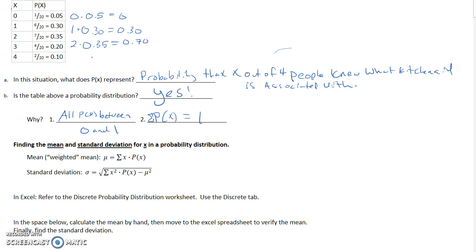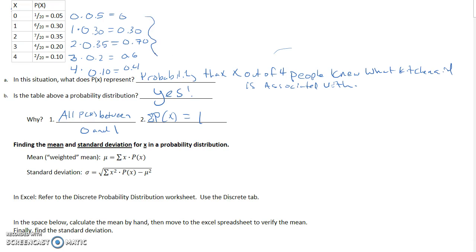You might need your calculator for this, but I think I can handle these in my head. Again, verify with a calculator if you're working through these with me. 3 times 0.2 is 0.6. And then our last one is 4 times 0.10, which is 0.4.